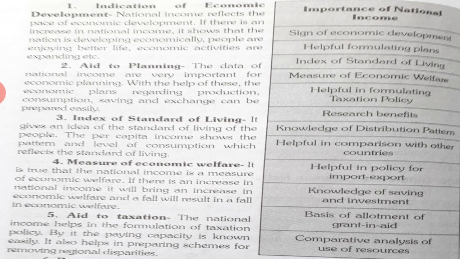Fifth point is aid to taxation. National income is the index of paying capacity of citizens, and accordingly government prepares taxation policy, and taxation slabs are made on basis of national income.